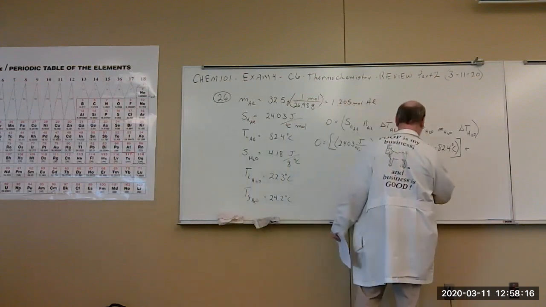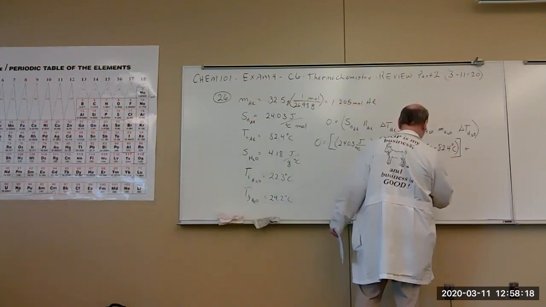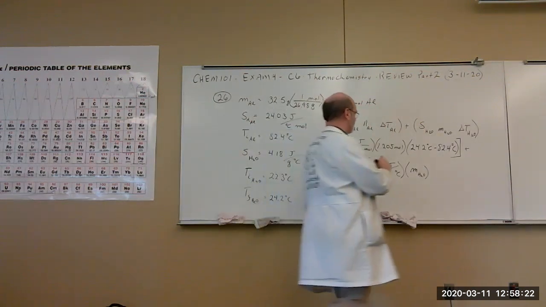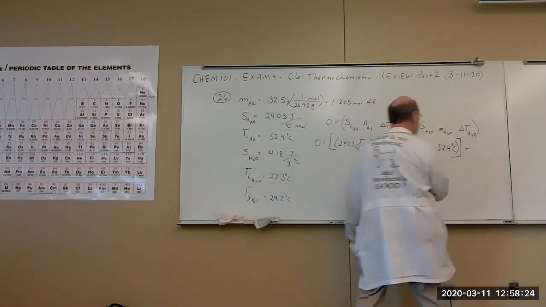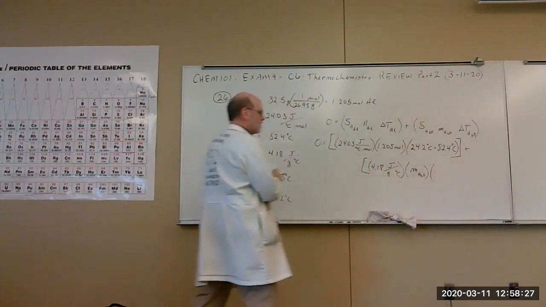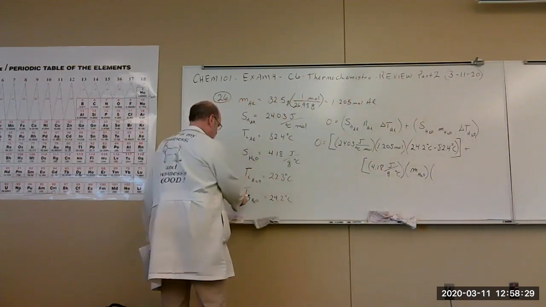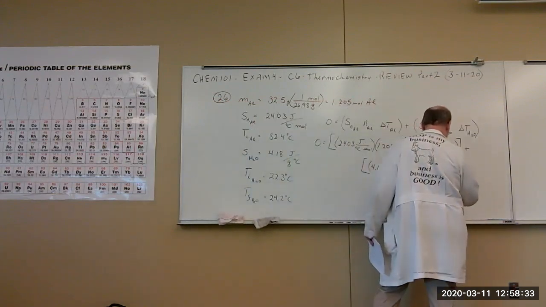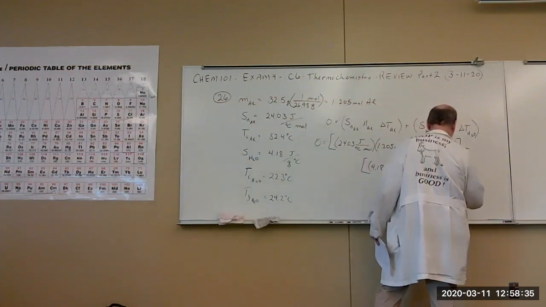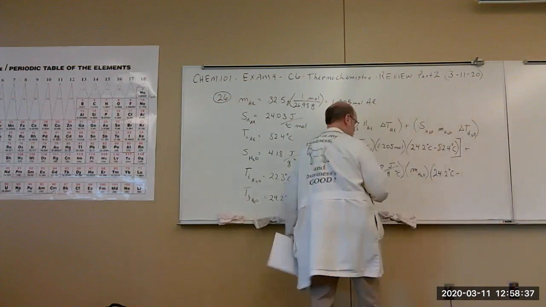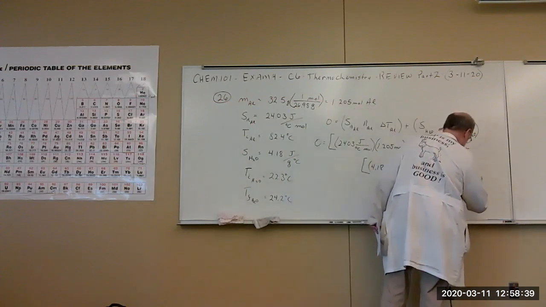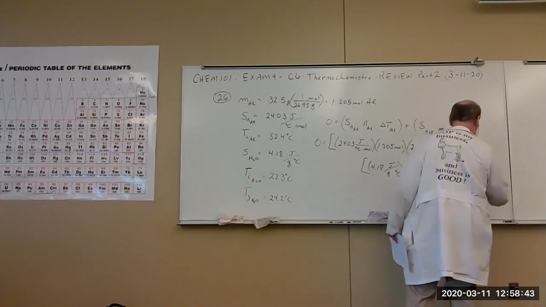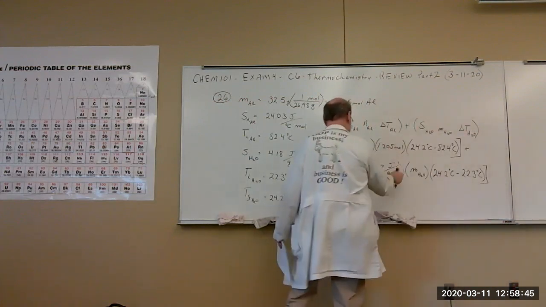That's the unknown, the mass of the water. And then we need a delta T for water. So the final temperature of water is 24.2, same as the aluminum, minus its initial temperature, 22.3. There we go. That plus that is 0.